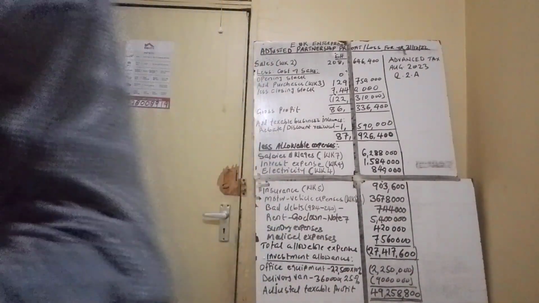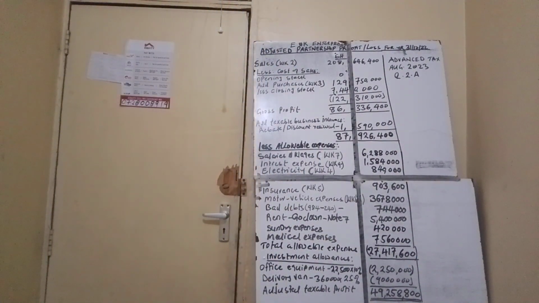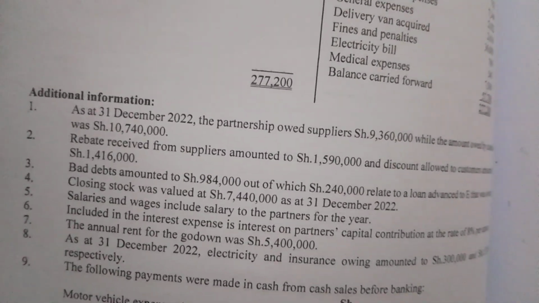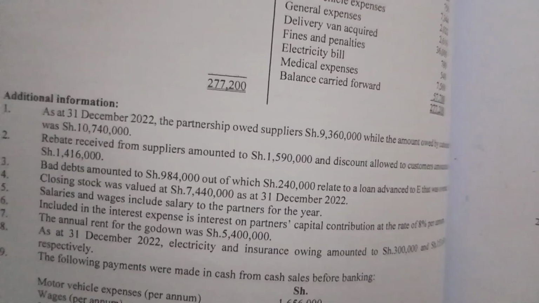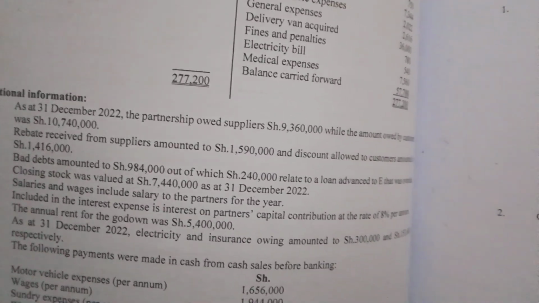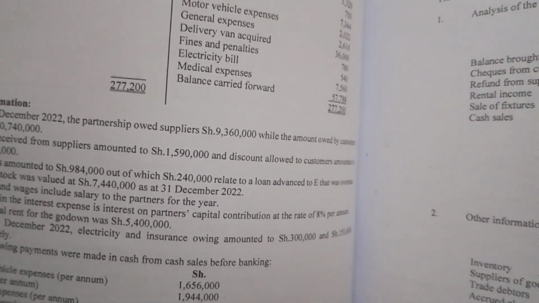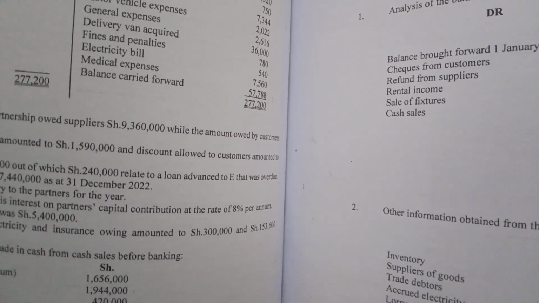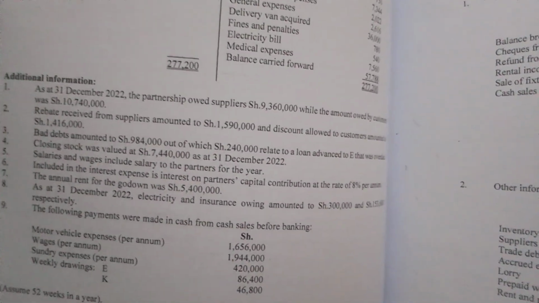So additional information number three, you can read number three. Bad debts amounted to shillings 984,000, out of which 24,000 relate to a loan advanced to E that was overdue.